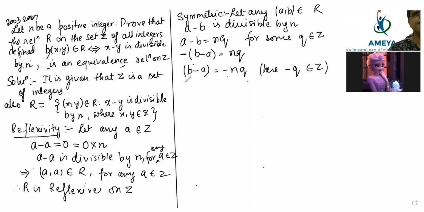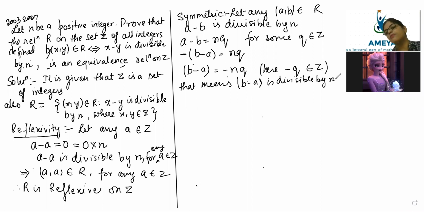That means what, beta? That means B minus A is divisible by N. Here quotient is coming beta minus Q. That's why I wrote minus Q also belongs to integer and I have not changed. So that means B minus A is divisible by N. So beta, when B minus A is divisible by N, then what we can write? That means B comma A belongs to set of relation. It is also belonging to set of relation for all.